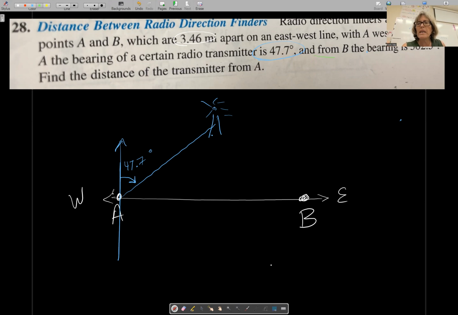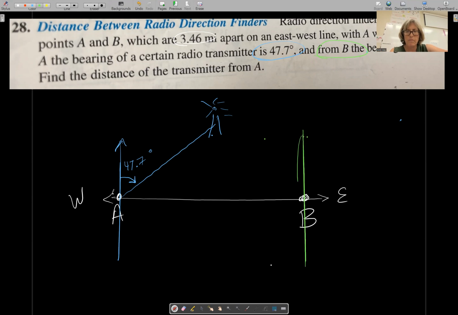And from B, a bearing of 302.5, again from the north line. So starting here, 302.